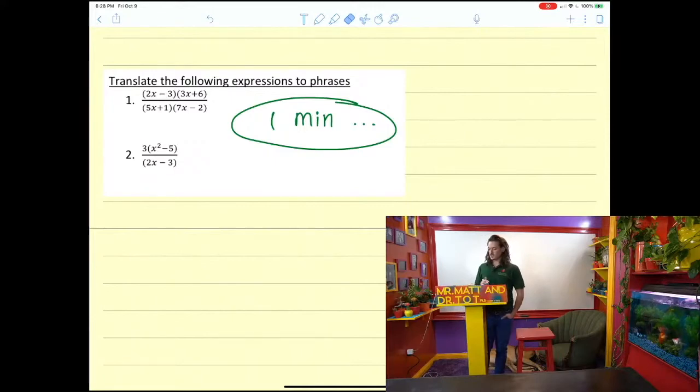Okay, so let's go through these. So number one, again, there's many ways to represent this, and I'll show you a few.